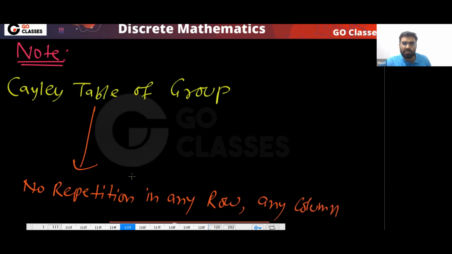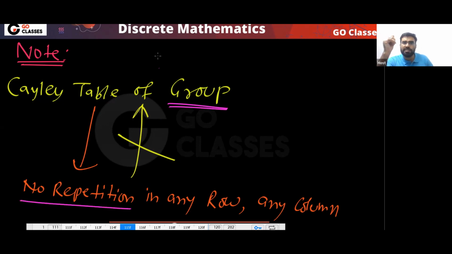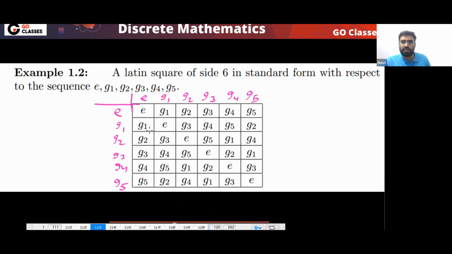But this is only one way. Please note this: if you have the Cayley table of a group, then there will be no repetition in any row or any column. That is fine, very good. But if there is no repetition, it does not imply a group. So take care. Now you have to find: first you tell me, is it closed?